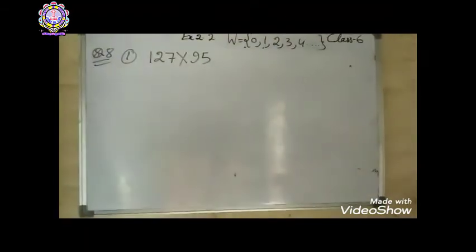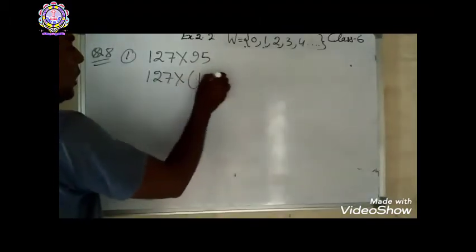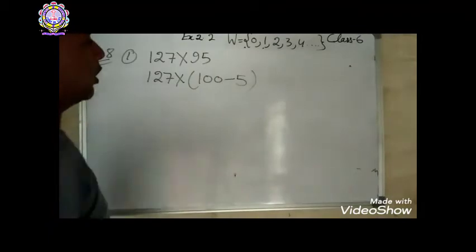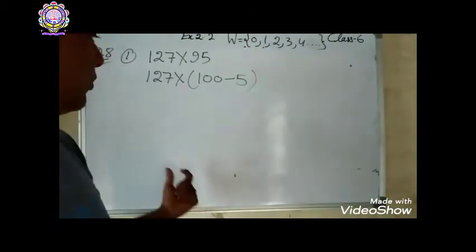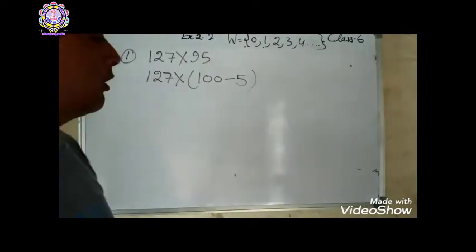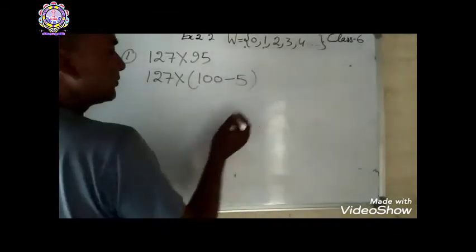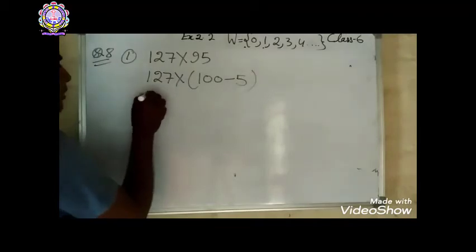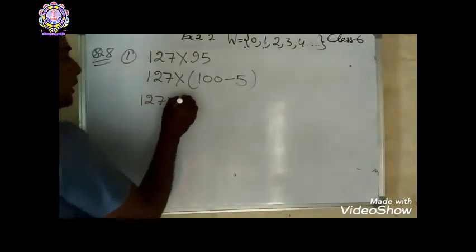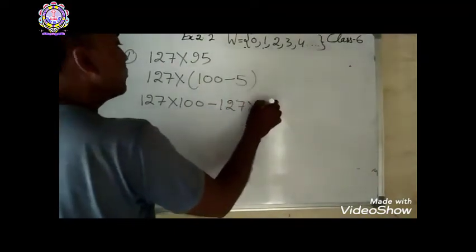So we use the property here. 95 we write as 100 minus 5. So 127 into 100 minus 5. Here we use the distributive property of multiplication over subtraction, and write the property and multiply it: 127 into 100 minus 127 into 5.